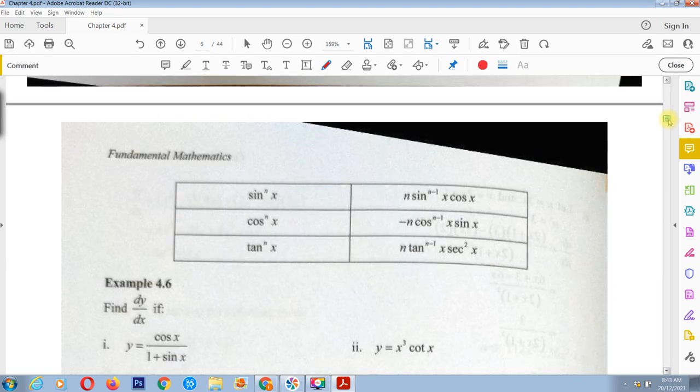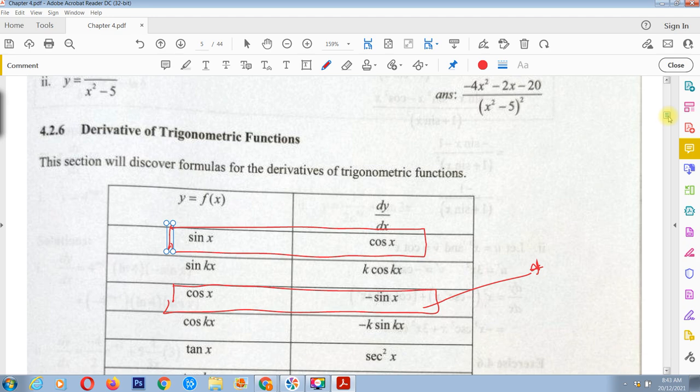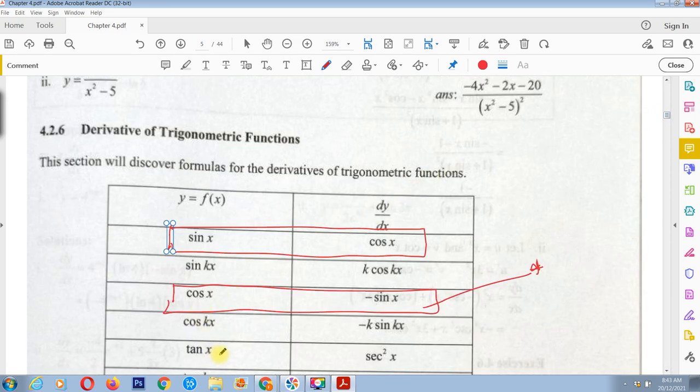Okay, for the rest, actually the derivatives come from these two functions. We know that tan x equals, what is tan x? Tan x equals sin x over cos x. So if you want to differentiate this, sin x over cos x, we need to use u, and this is v.